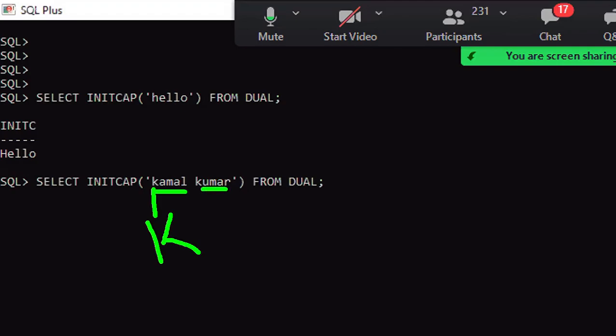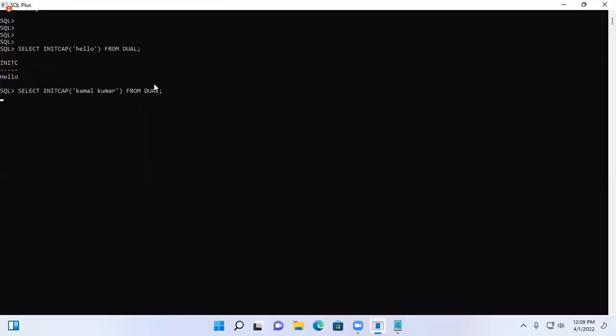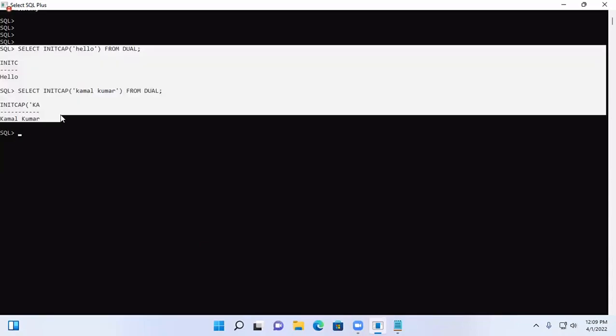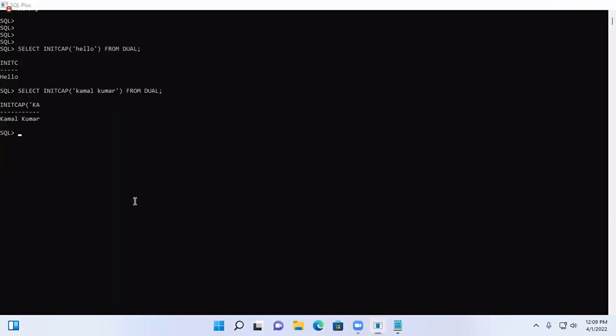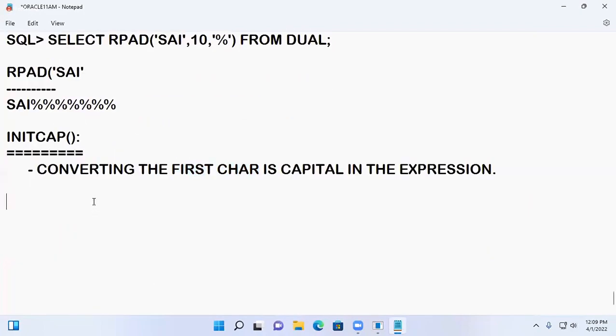Here in Kumar, the K is also small but converted into capital. Now I executed Kamal and space Kumar. So like this, init cap converts every initial character in each word into a capital.